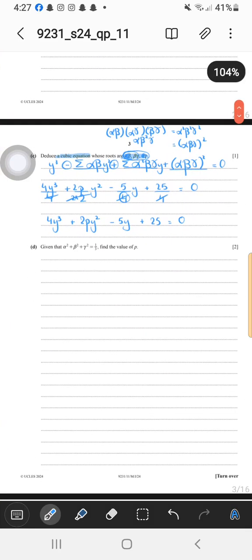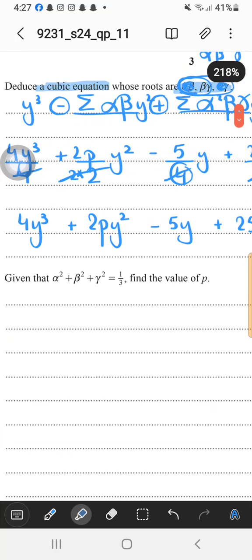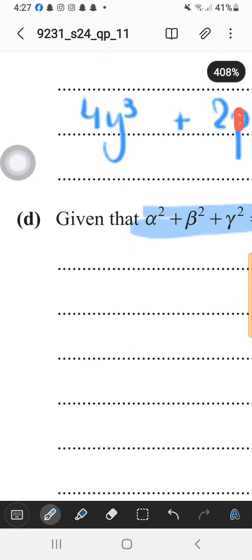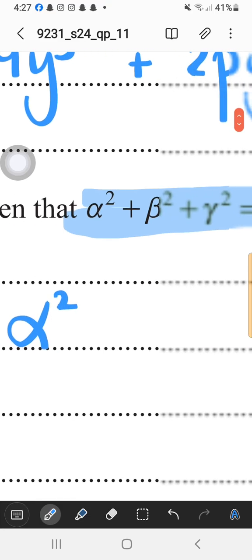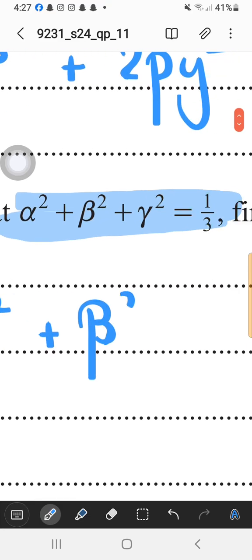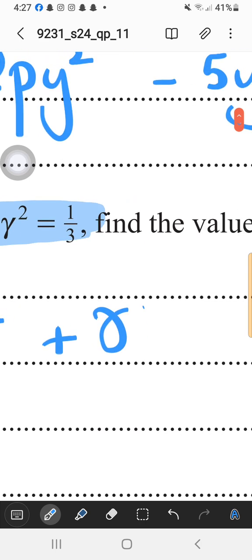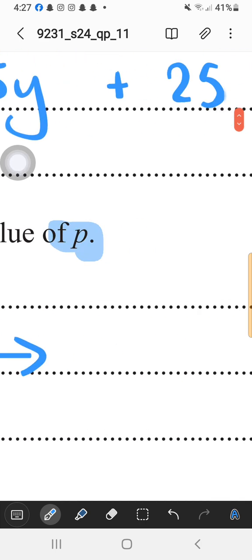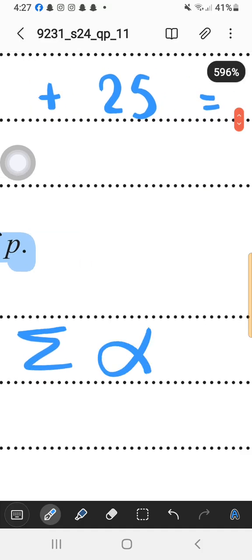So now let's move toward the last part of this question, in which it is saying that given that alpha square plus beta square plus gamma square is equal to 1 upon 3, now find the value of p. Okay, so now we will apply the formula of alpha square plus beta square plus gamma square. Let me tell you that alpha square plus beta square plus gamma square is represented as summation of alpha square.